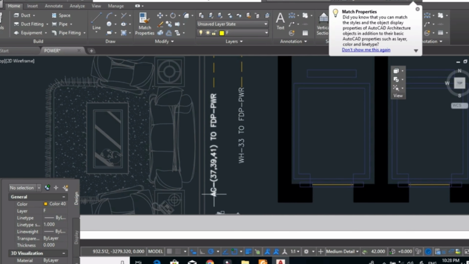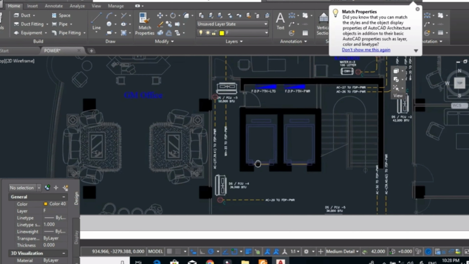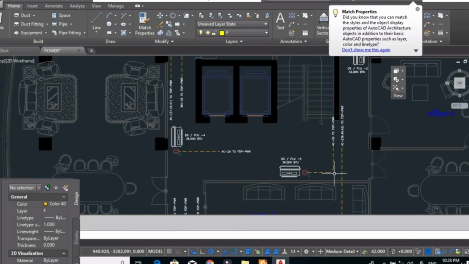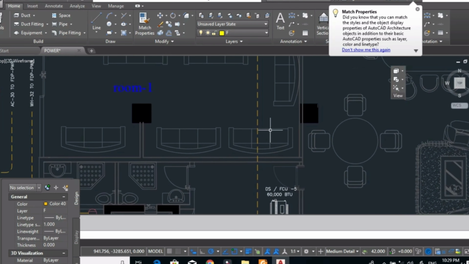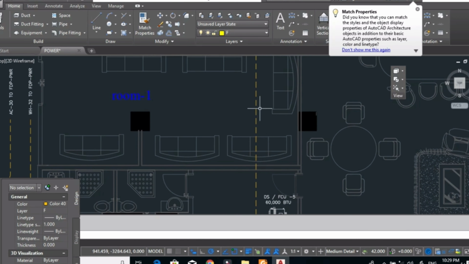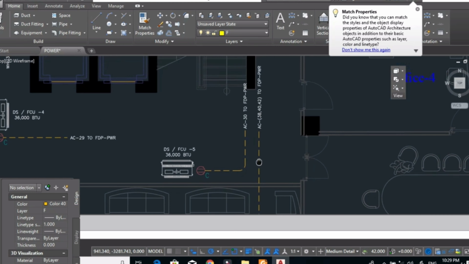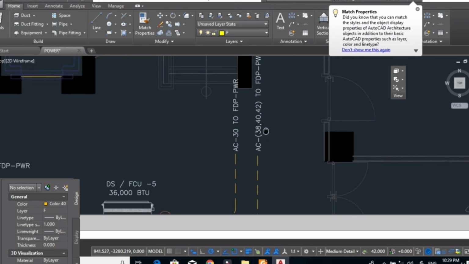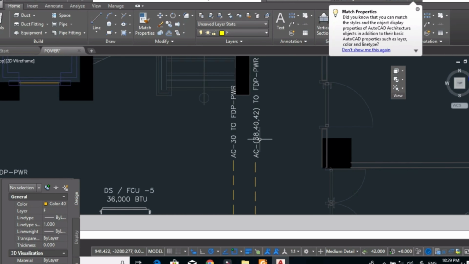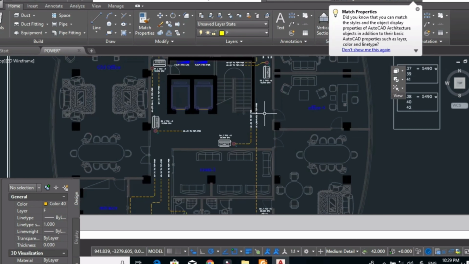And refer that the circuits are number 37, 39, 41. This is for 3-phase. And here also we have a 60,000 BTU duct split FCU number 5. Also I refer here the circuit numbers 38 and 40 and 42.